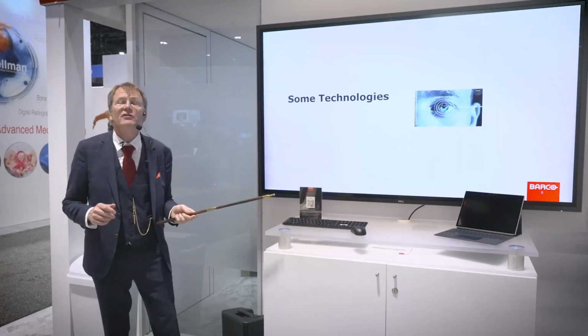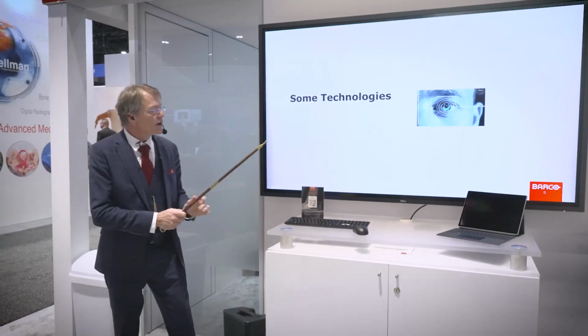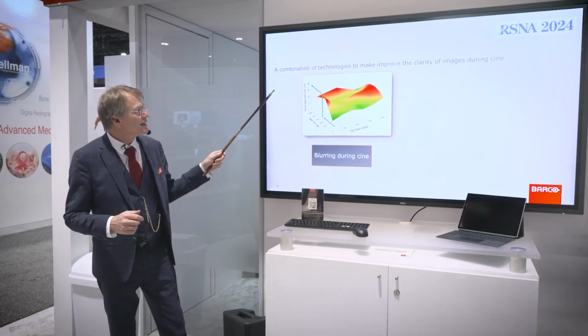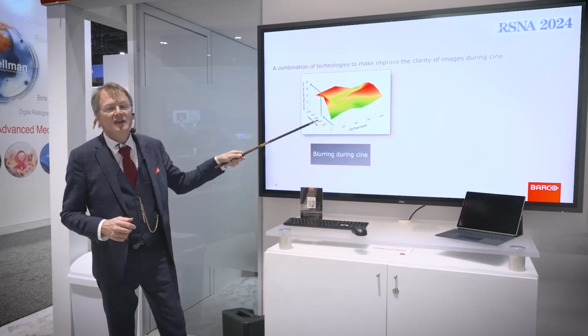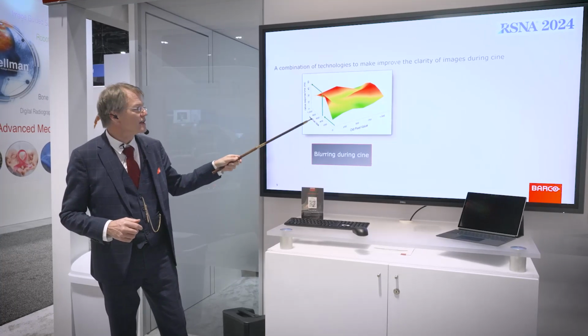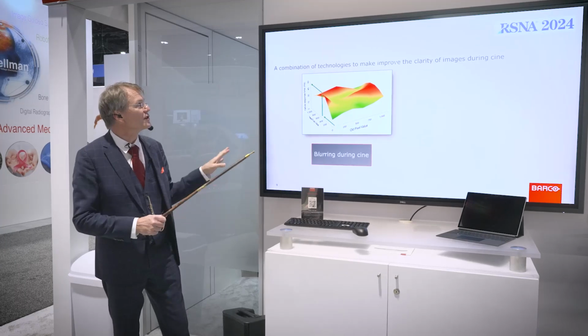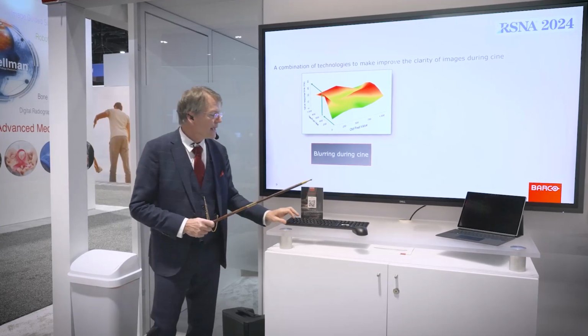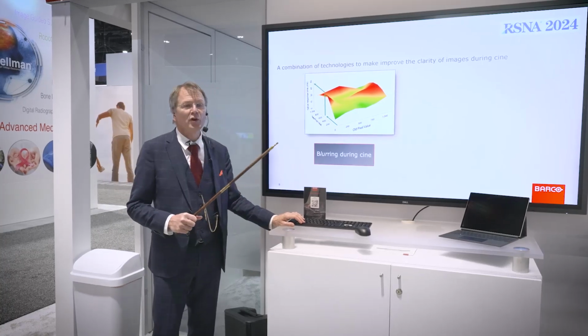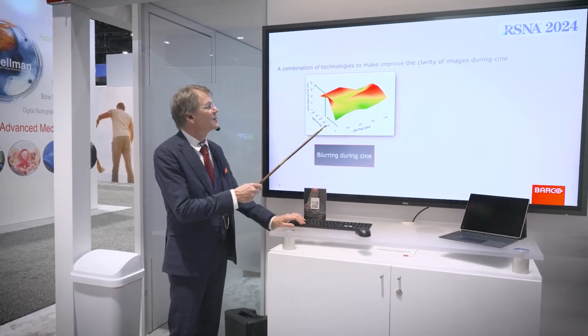Some of the technologies that we use compensate for this asymmetry and unevenness that causes the blurring during the cine. And then there's another one that has to do with thermal control to make this better.